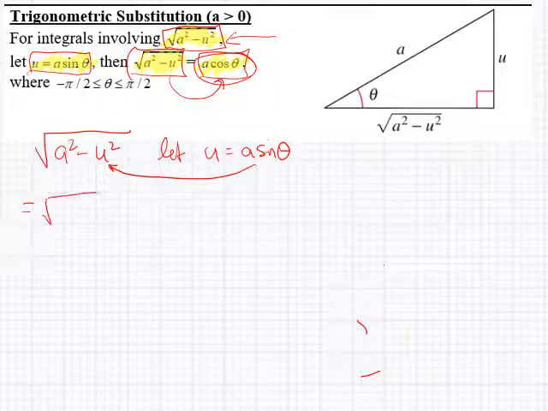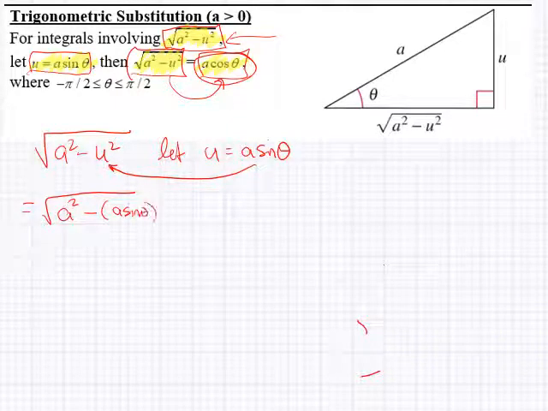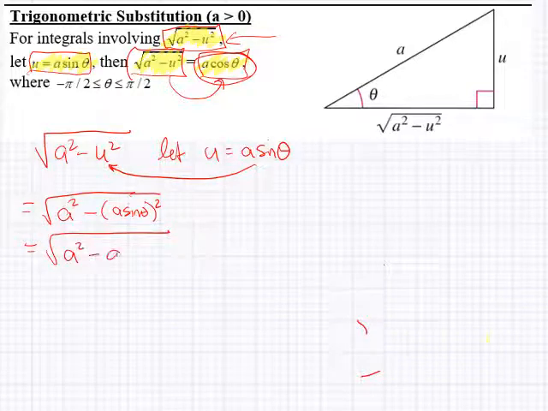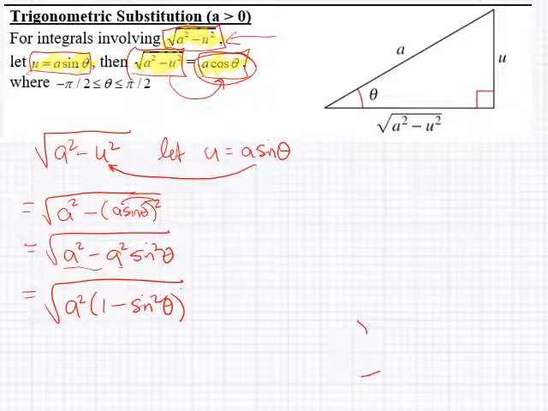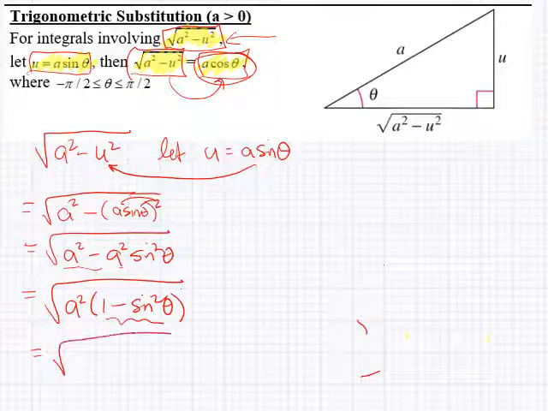I get the square root of a squared minus a sine theta squared, which would then give me the square root of a squared minus a squared sine squared theta, because I square both of these. These both have an a squared in them, so if I factor that out, I have an a squared times 1 minus sine squared. This is the Pythagorean identity that we were talking about, so that would be equal to cosine squared.